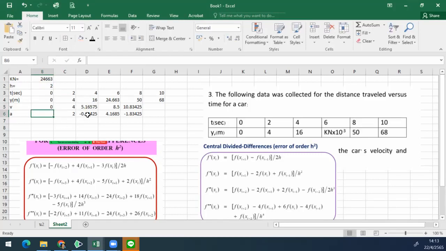And for the acceleration, the second derivative, it is equal to minus f(x_{i+3}) plus 4 times f(x_{i+2}) minus 5 times f(x_{i+1}) plus 2 times f(x_i), very easy, right? And divided by h squared.